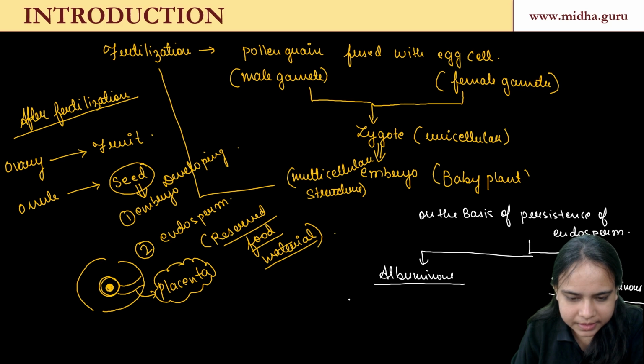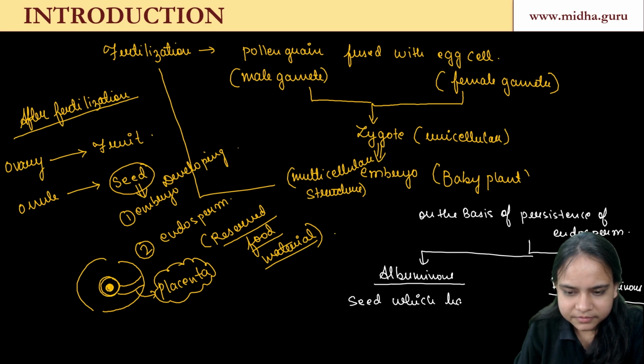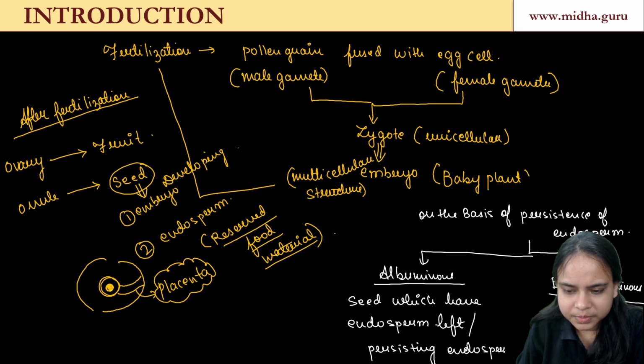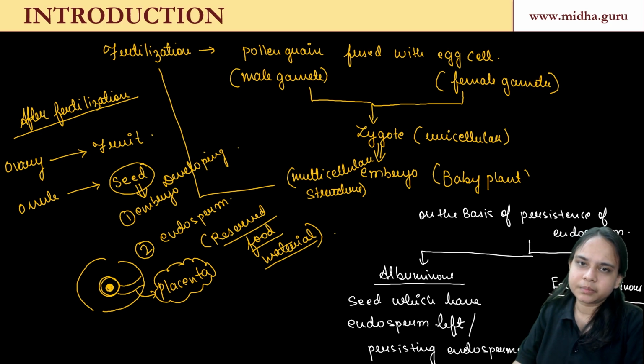So we can say that seeds which have endosperm left or persisting are called albuminous seeds.